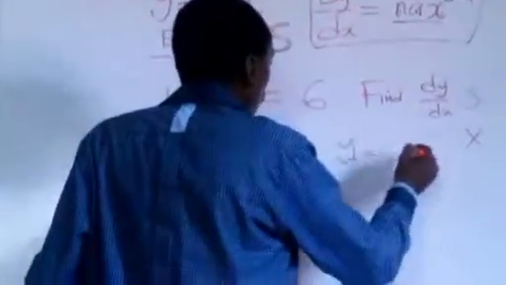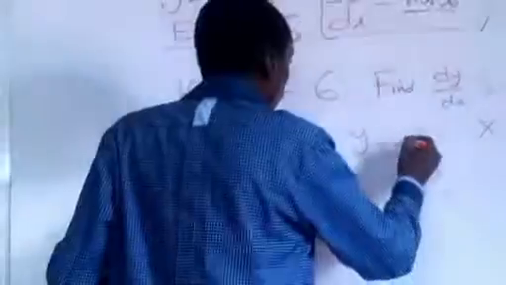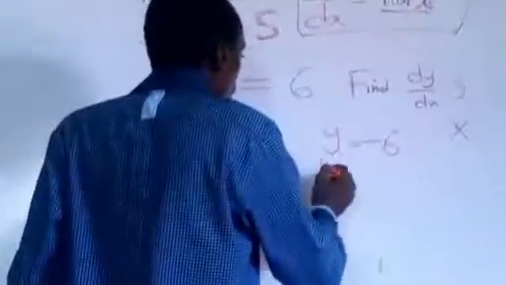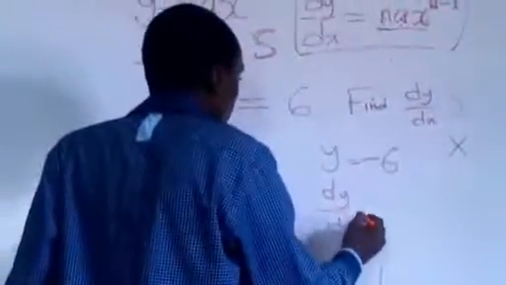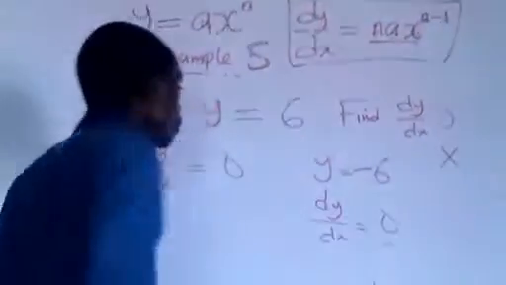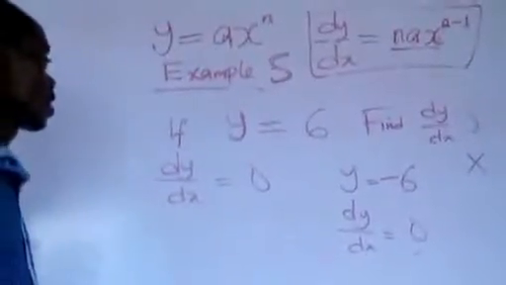If you are given y equals minus 6, your dy/dx is going to be equal to 0.